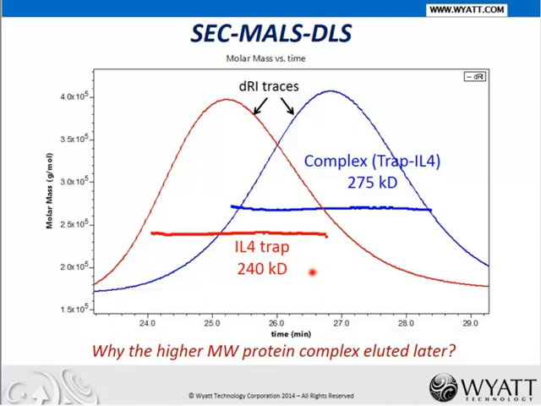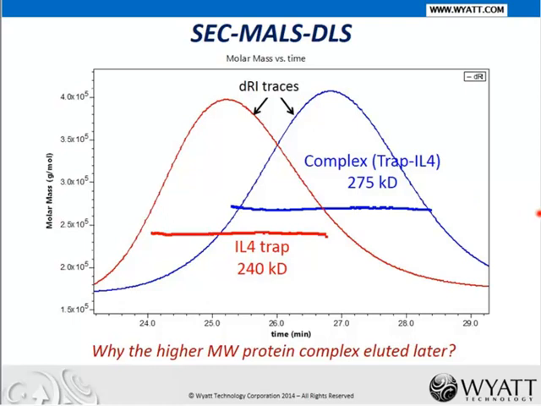It's interleukin-4 trap protein, a relatively large protein, 240 kilodalton. The blue is the complex of two interleukin-4 proteins bound to the trap protein, with a measured molecular weight of 275 kilodalton. Both proteins show a very homogeneous peak because the molecular weight across the peak is flat, indicating there's only one protein in the peak.